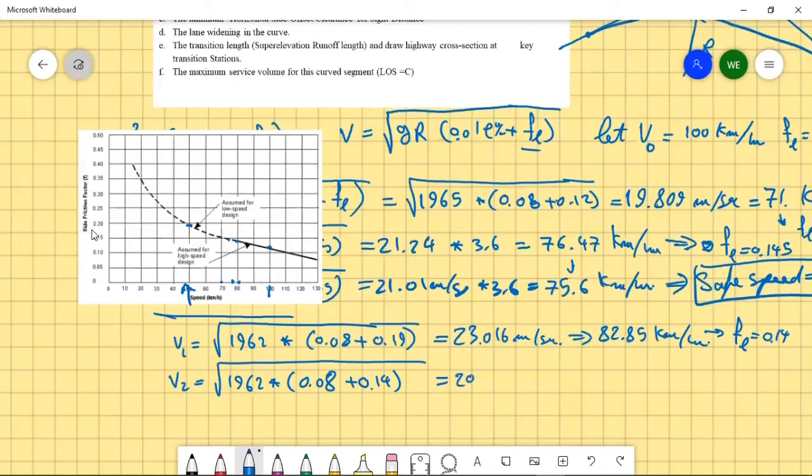So this is going to be 20.776 meters per second. If we multiply it by 3.6, 74.79 kilometers per hour. FL for 74 is going to be 0.145.